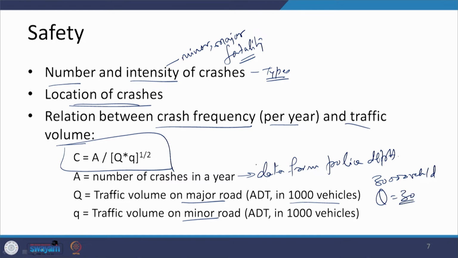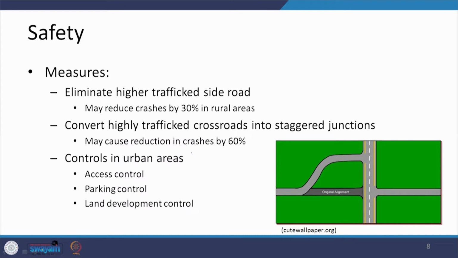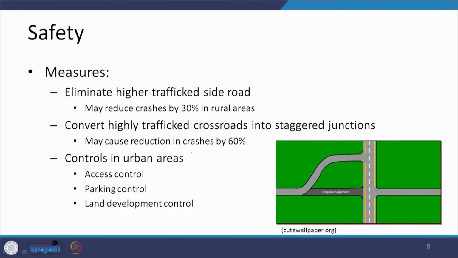That is the way the values are used in this equation, and that will give you a crash frequency. Now, based on this crash frequency, wherever the higher frequency is there, we have to take that particular intersection or stretch at priority for improvement, and then the rest of the things can be taken in order. Now, what are the possibilities which can be done here?